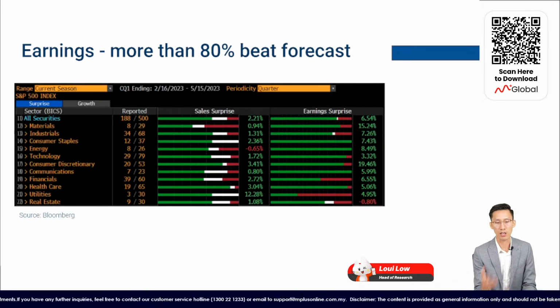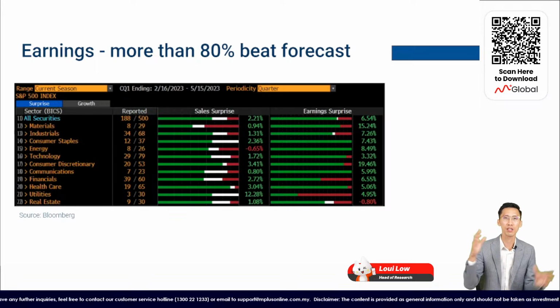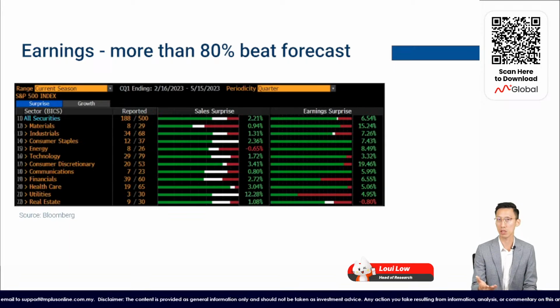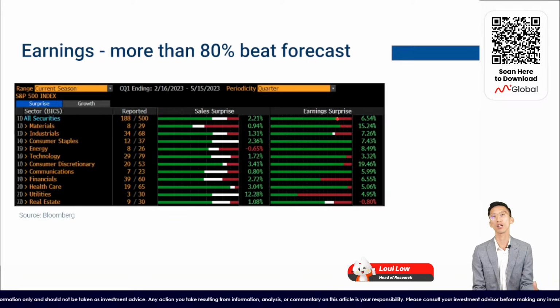What it means here is that if the company is being covered by analysts, and if the earnings is higher than the analysts' expectation, then it is considered as beating the forecast. So within the S&P 500 itself, there are 188 companies that have produced their recent financial results, and more than 80% of them have beat forecast.